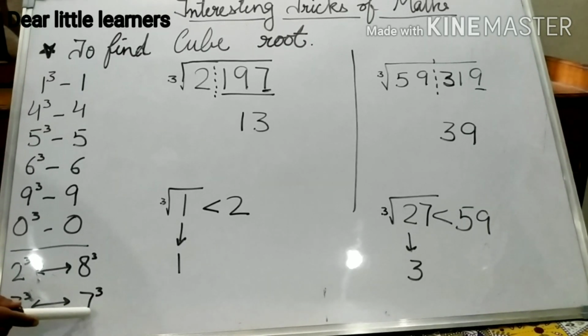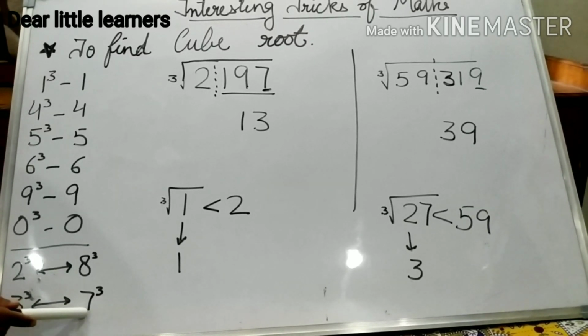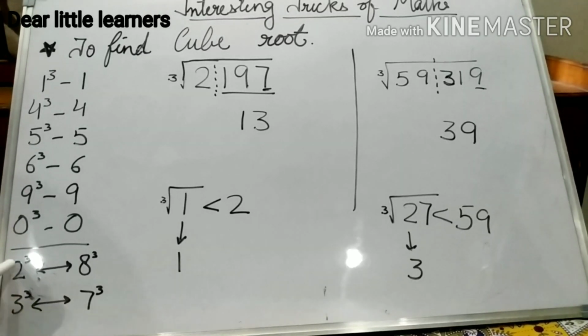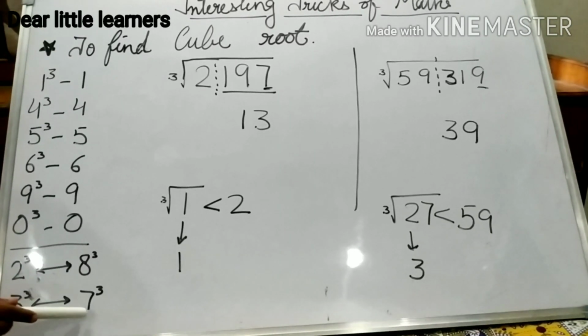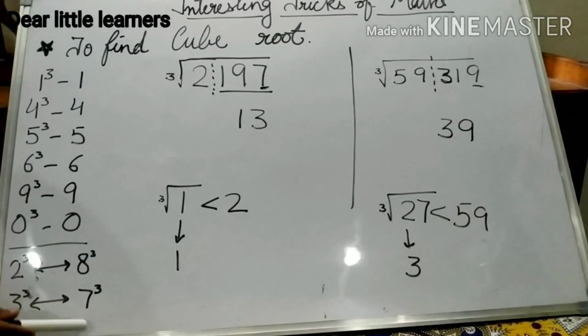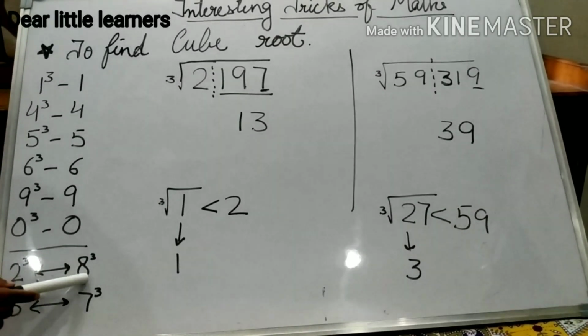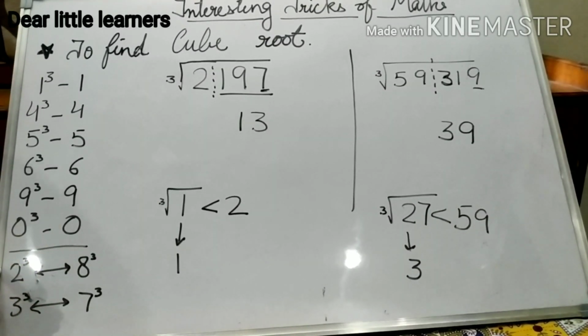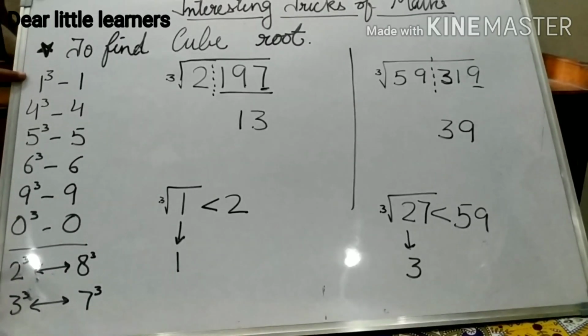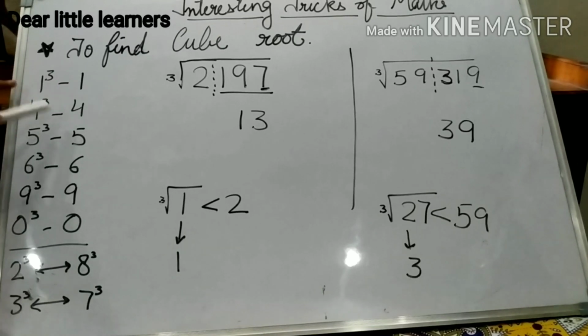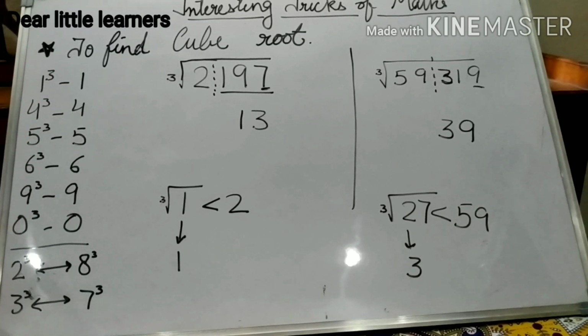And in case of 7, 7 7s are 49, 49 7s are 343, we are getting 3 at the last. So in case of 2 we are getting 8 at the last, in case of 3 we are getting 7, in case of 7 we are getting 3, and in case of 8 we are getting 2. These pairs are vice versa. Except these, from 1 to 0 we are getting the same digits back at the last.